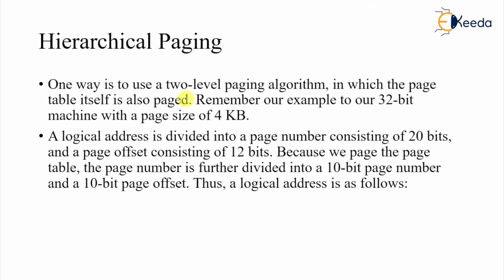In a two-level page system, the page table is itself paged. Remember our example, a 32-bit machine with a page size of 4 kilobytes. The logical address is divided into a page number consisting of 20 bits and a page offset consisting of 12 bits. Because we page the page table, the page number is further divided.